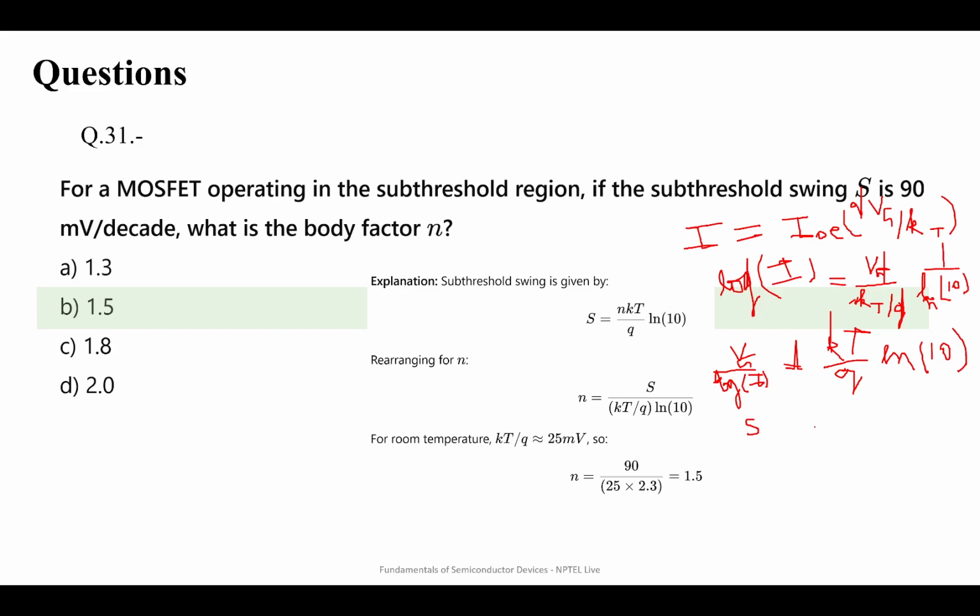The ideal subthreshold swing is kt by q ln 10. kt by q at room temperature is 26 millivolts and ln 10 is 2.3. If you multiply this, you will get 60.